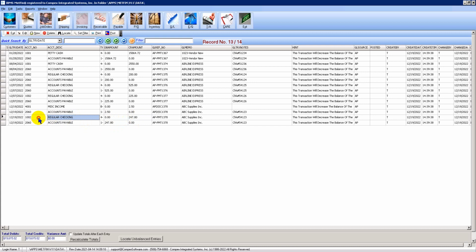In this case, your cash or checking account 1002 went down by $247.80. It didn't go down by the full $250.30 as in the previous example, because we have discounts as well. It didn't take the full amount off the checking account.